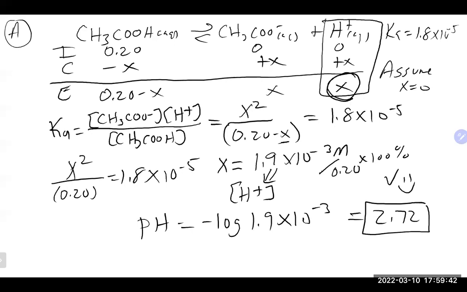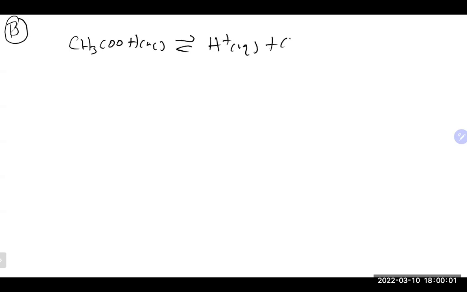So we could approach this the same way because in part B, it is the acetic acid that's going to set up the equilibrium. That is where we could start again with our acetic acid, breaking apart into H plus and our acetate. By the way, since it really is the acetic acid setting up the equilibrium, the Ka value we would use is the exact same one, right?